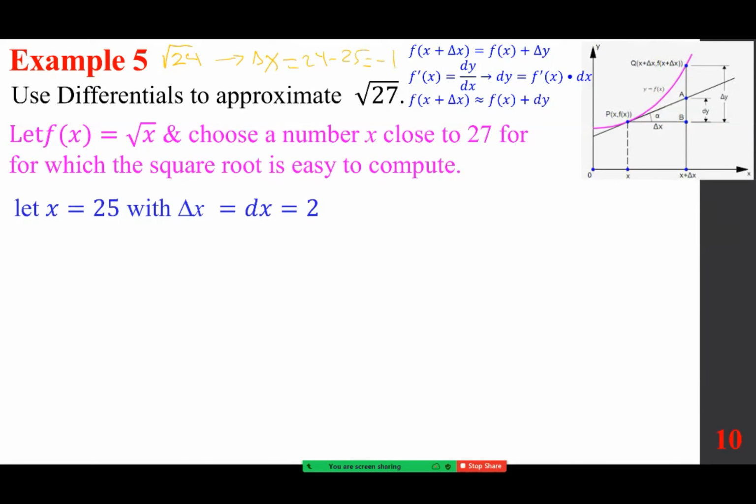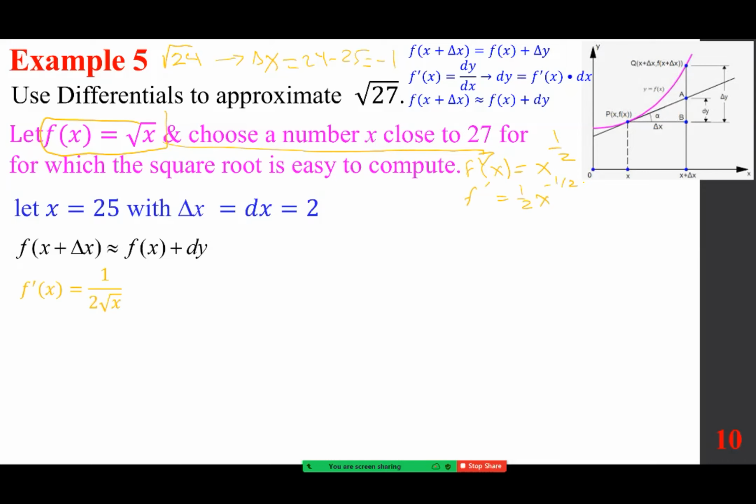So we want f of x plus delta x, which is f of x plus dy. And since f of x is square root of x, we've done this many times before, but let me just quickly remind you. So we put x to the power of 1/2, and f prime is 1/2, x to the power of negative 1/2, which makes it 1/2 square root of x.